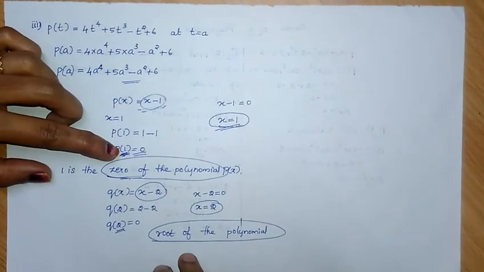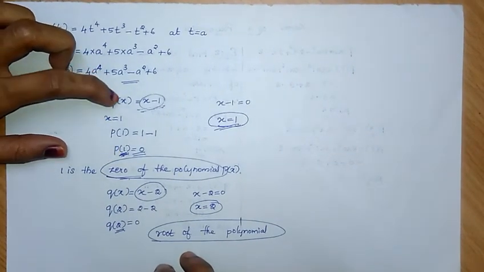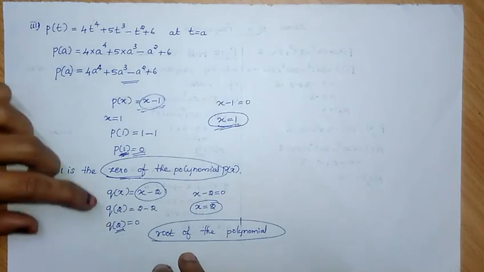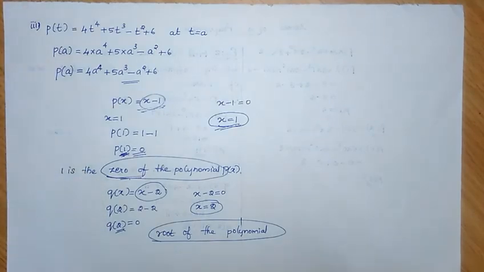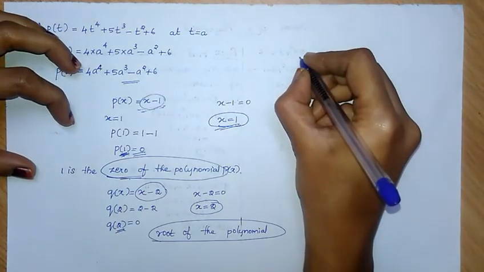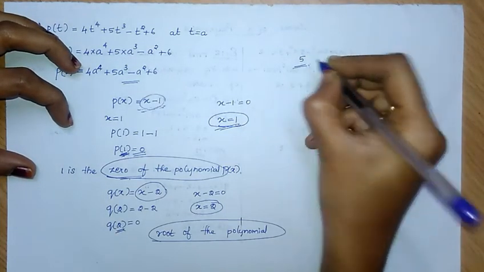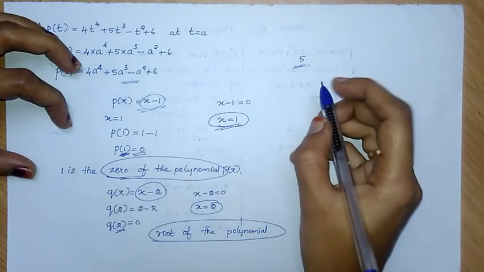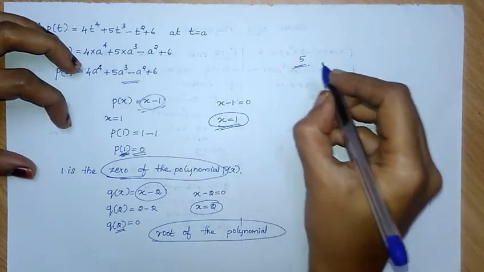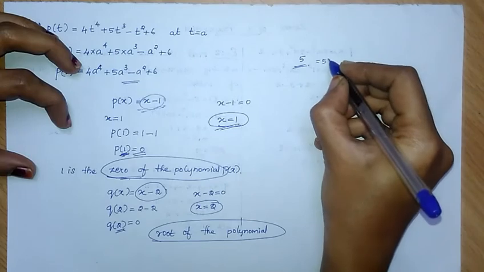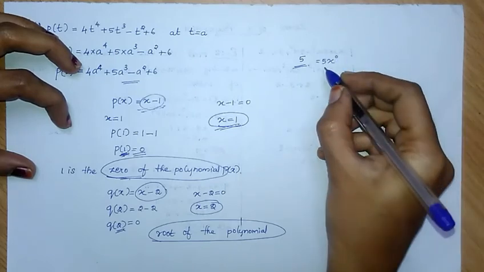Here 1 is the root of the polynomial P of x. Here 2 is the root of the polynomial Q of x. Now 5 is the constant polynomial. Can you tell me what is the 0 of this? 5 can be written as 5 into x power 0.